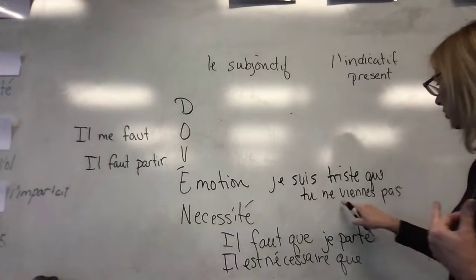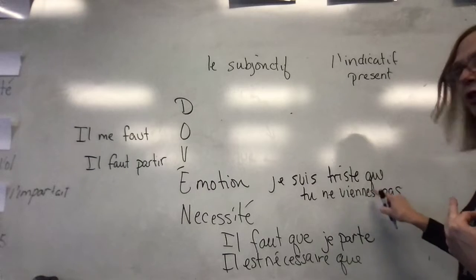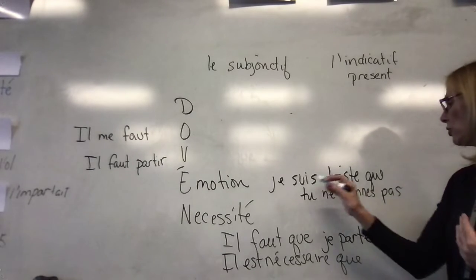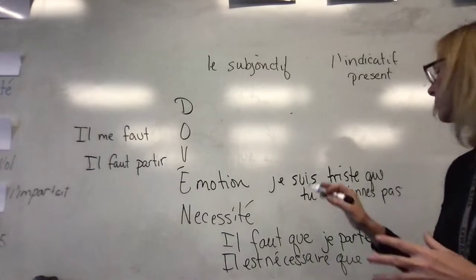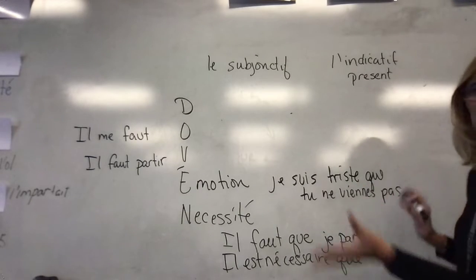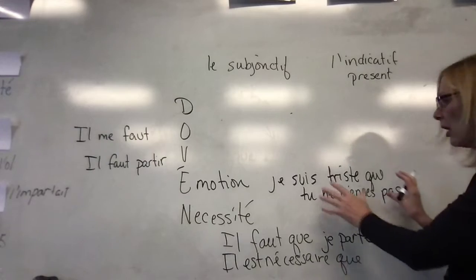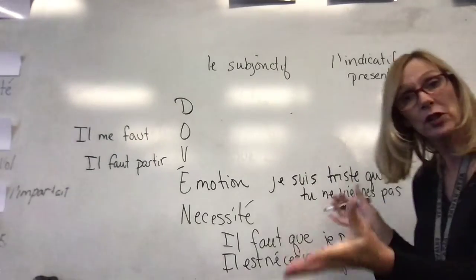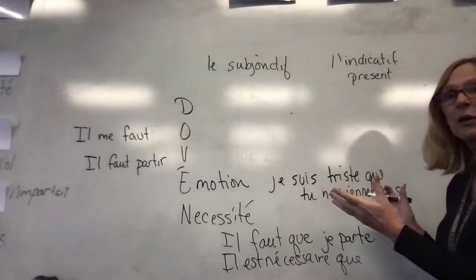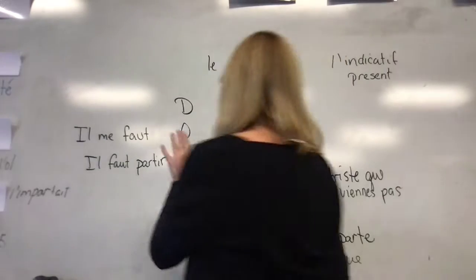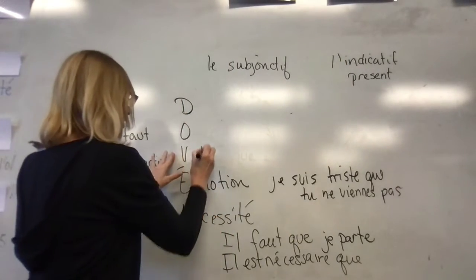Notice how I use the subjunctive. There's the il plural form with the subjunctive ending e. Je suis triste que tu ne viennes pas. I am sad that you're not coming to my party. So you've put an emotion. Je suis fâchée. Je suis contente. Heureusement, happily.